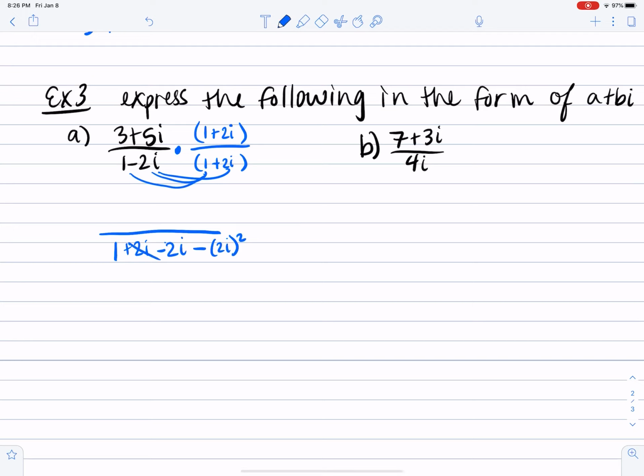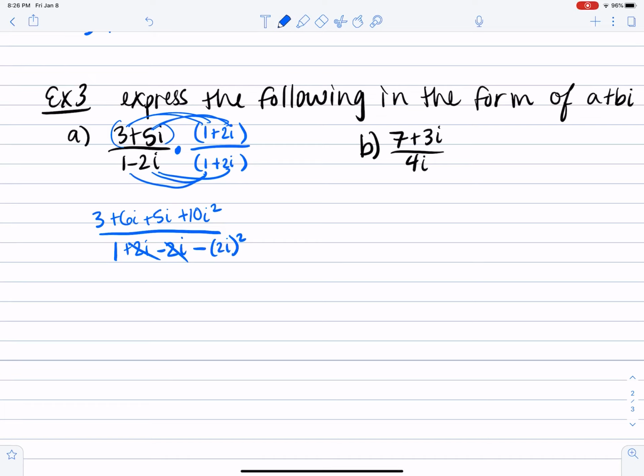And that's going to go away. Then on the top, we're going to FOIL this out in the same way, and we're going to get 3 plus 6i, and then plus 5i plus 10i squared.